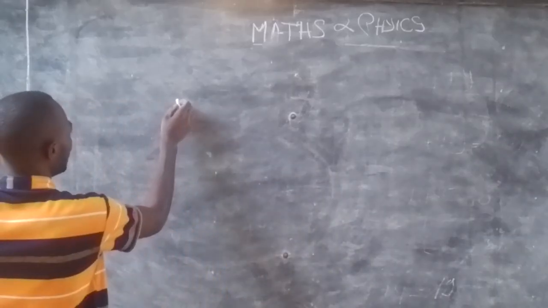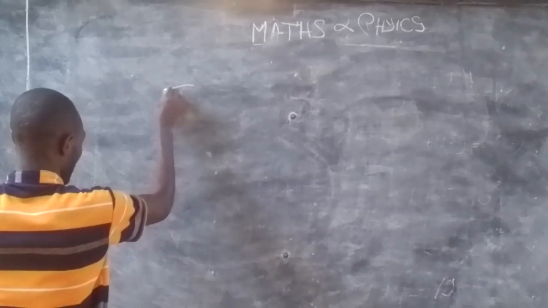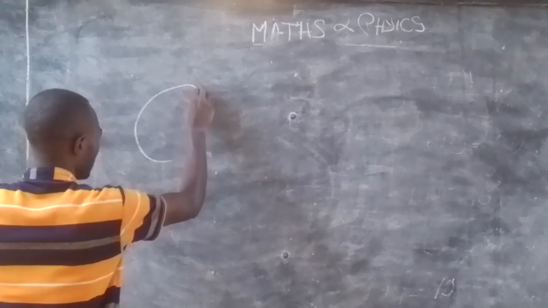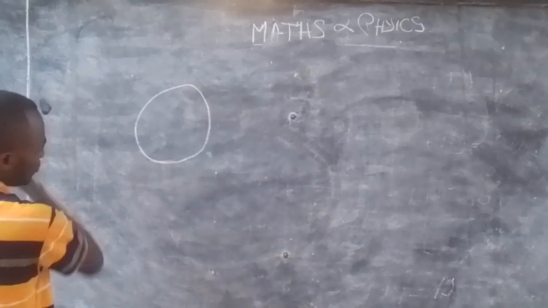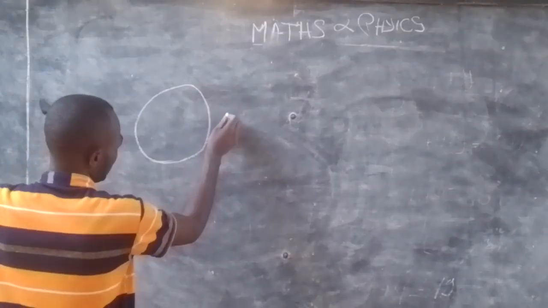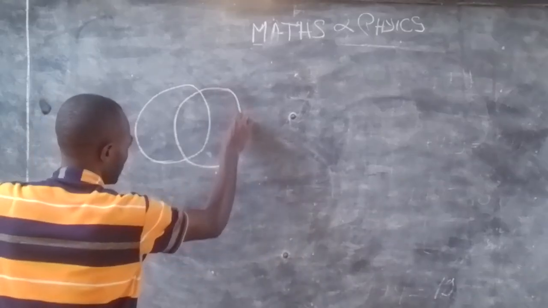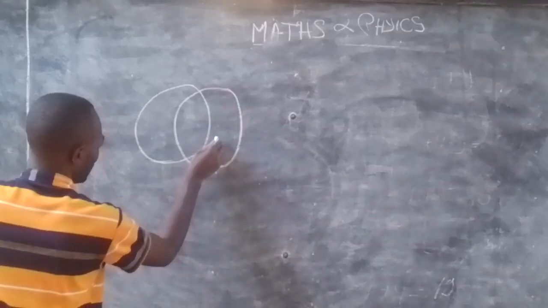So here we have also given a Venn diagram. We are asked to determine the sum of unknown numbers. Here we have a Venn diagram. This is the Venn diagram.